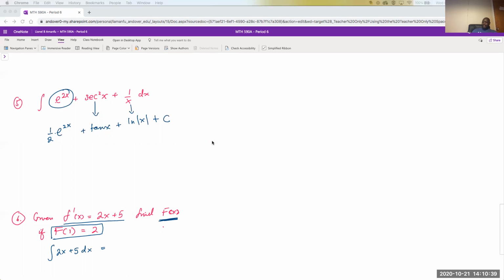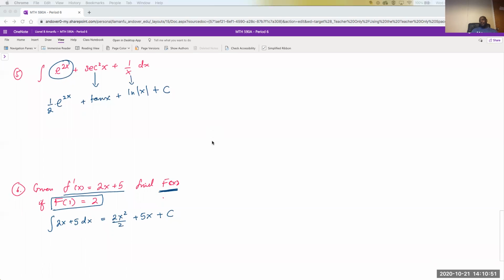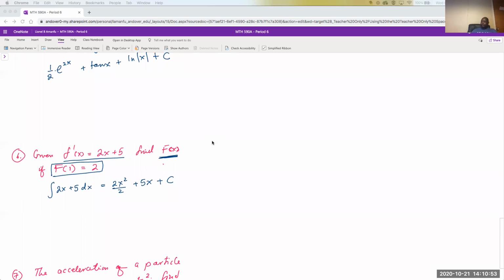And then now I can see that the antiderivative of 2x is just 2x squared over 2 plus what? 5x plus c. All right. At this point, this is supposed to be equal to big F of x. That's the original function. Well, they give me a condition that at 1, the y value is 2.